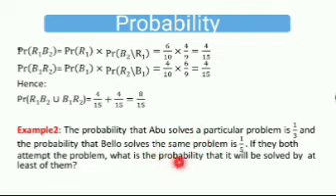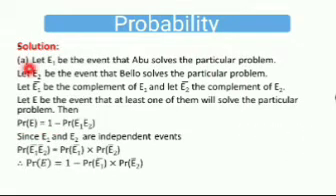Now, the probability that it will be solved by at least one of them is either Abu solves the problem and then Bello fails, or Bello solves the problem and Abu fails, or both of them solved the problem. Is that clear? Both of them solved the problem. So we can still look at it in another way, which is the approach that I use here.